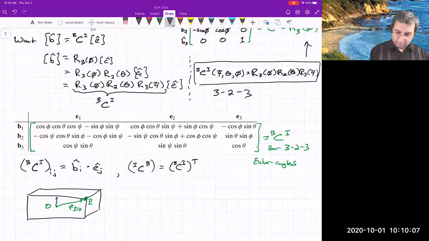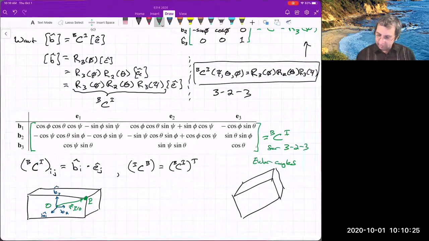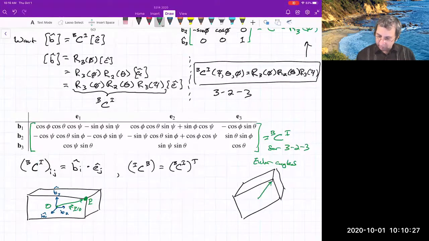Then I've got my unit vectors in the body fixed frame, B1, B2, B3. If I were to look at this as it's kind of rotating through space, and I want to describe where that is, what is that vector? What are the components of that vector as seen in an E frame, the inertial frame?